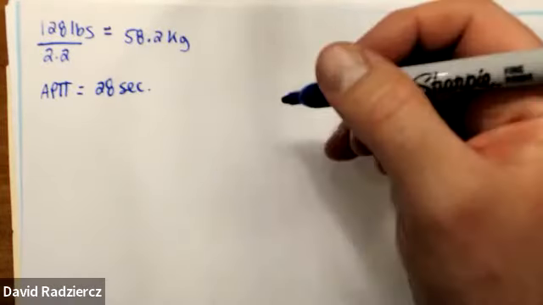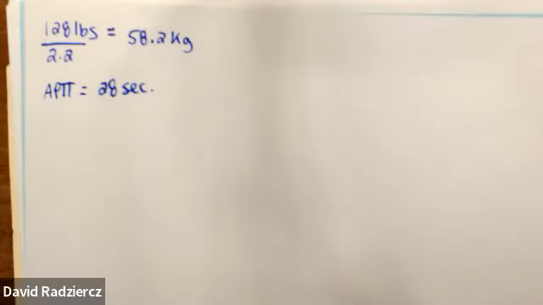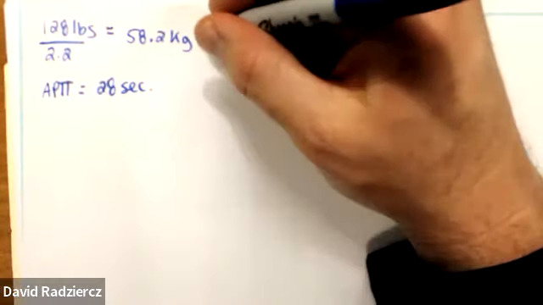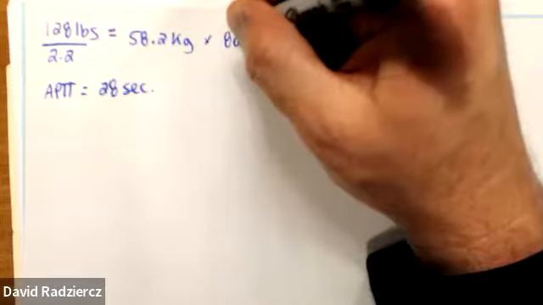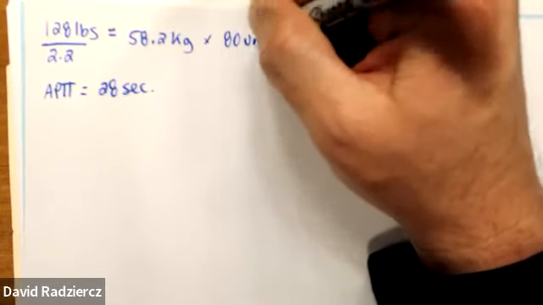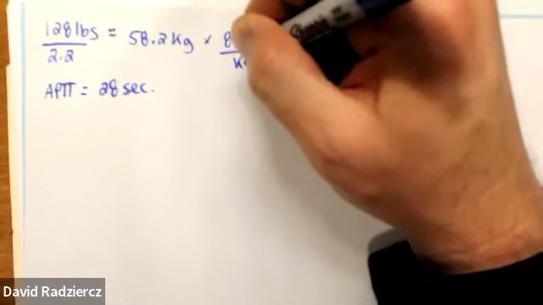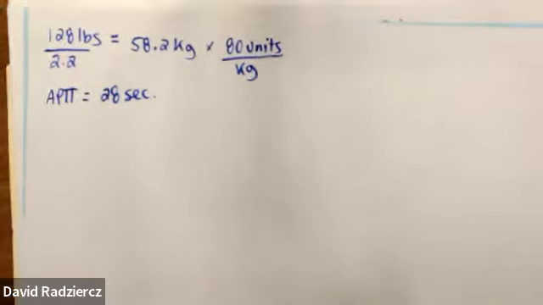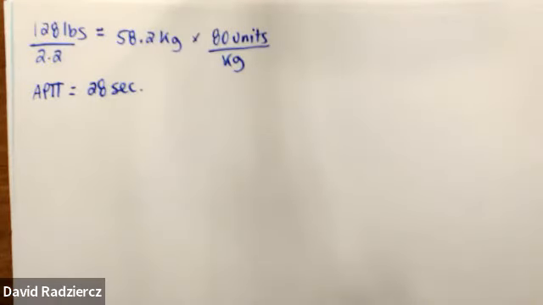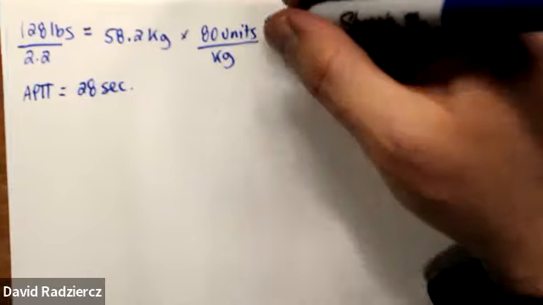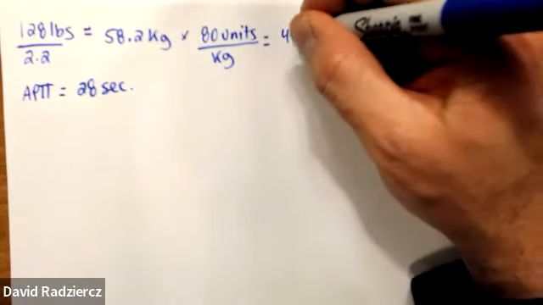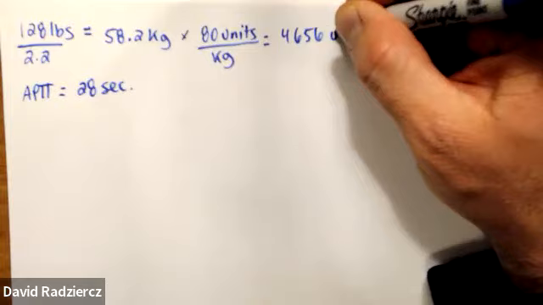So step 1 is to calculate the new bolus, or the rebolus. I'm just going to do the same thing I did before, 80 units per kilogram. 58.2 times 80 is 4,656 units.